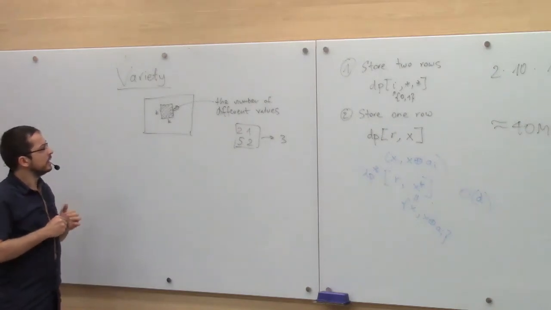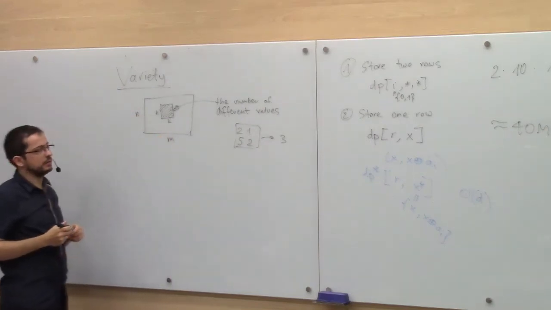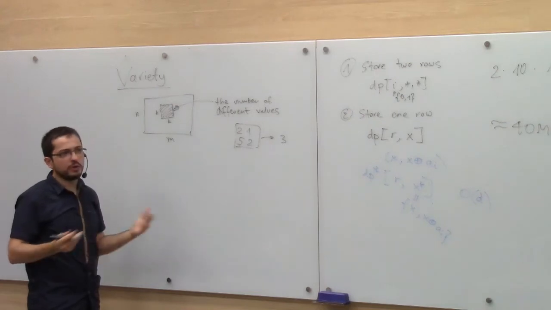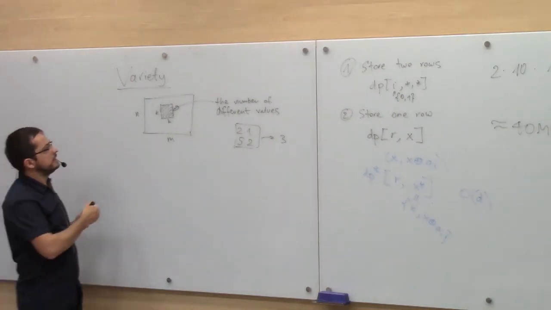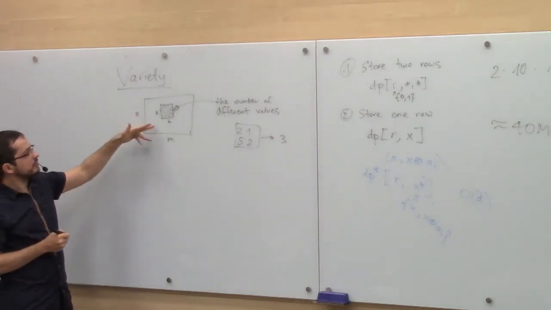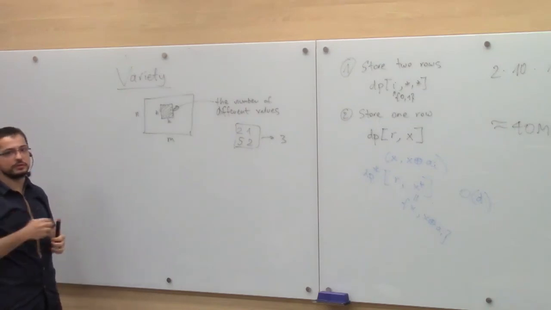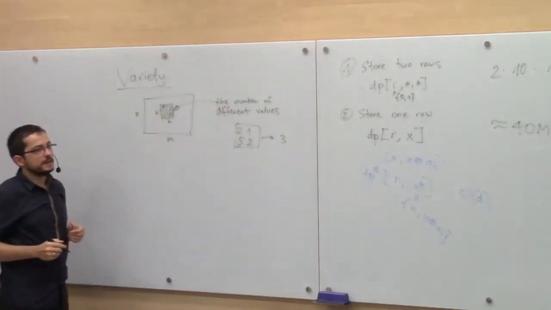So if the array is of size n times m, then we have a very naive solution of taking every possible square and calculating the number of different numbers in the square by just adding numbers one by one.